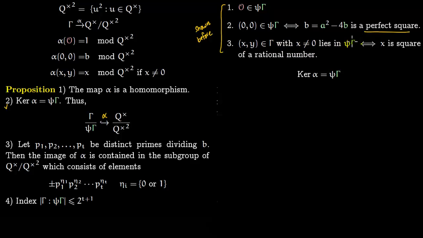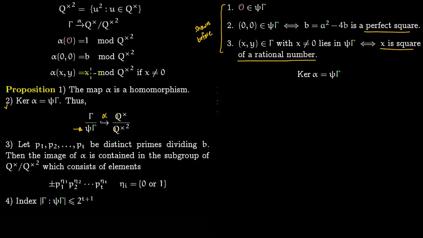This lies in psi of gamma if and only if x is a square of a rational number. So if it lies in psi of gamma, it is a square of a rational number, and therefore it will get mapped to 0. So the kernel of alpha is precisely this portion: x is a square of a rational number.